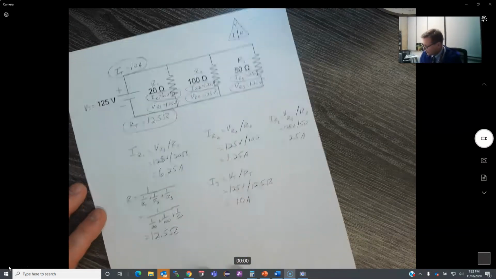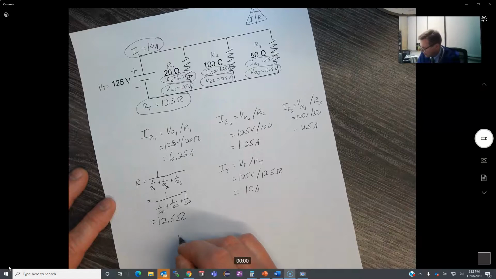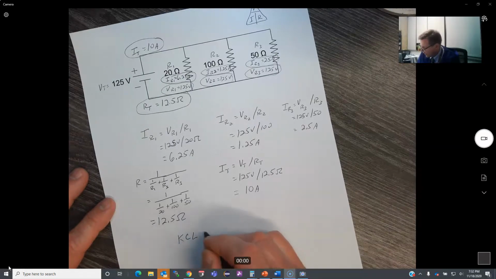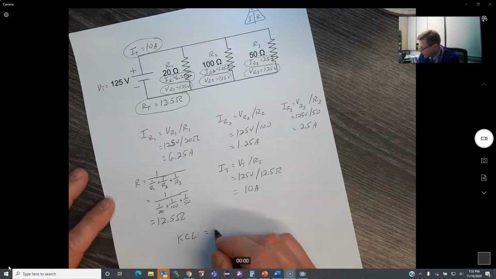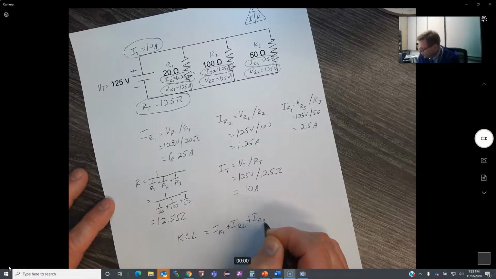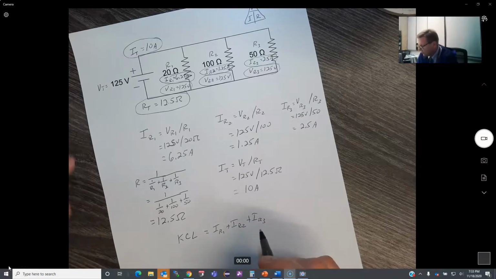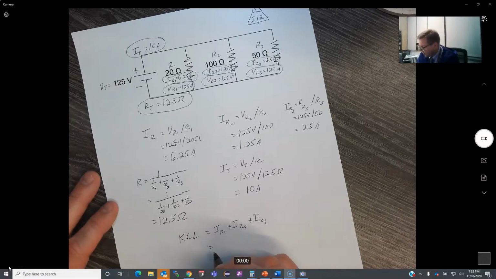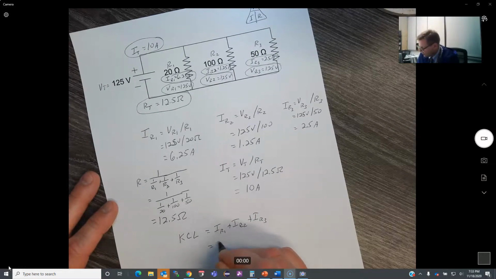And last but not least, I want to use KCL to check it. KCL says if I add up all my currents, I'm going to take IR1 plus IR2 plus IR3, and see if they equal the 10 amps up there. IR1 we said was 6.25 amps.